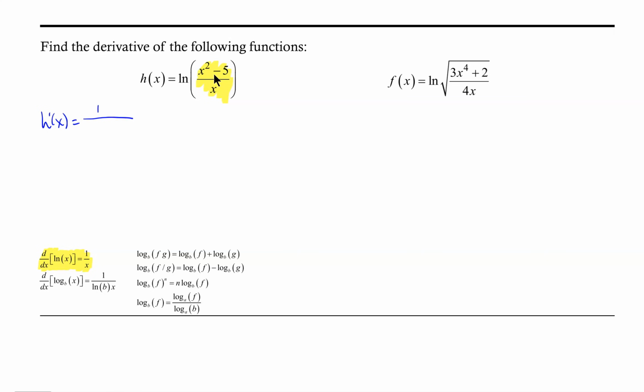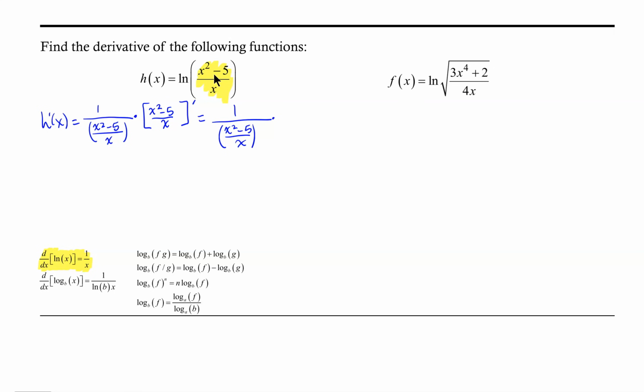So this is going to be 1 over (x squared minus 5) over x. And then we'll need to multiply by, because of the chain rule, the derivative of (x squared minus 5) over x.